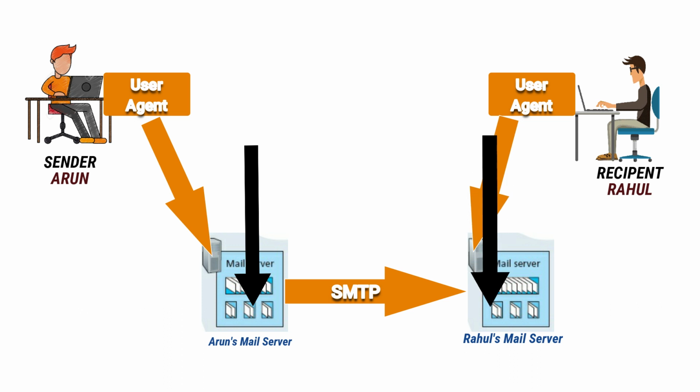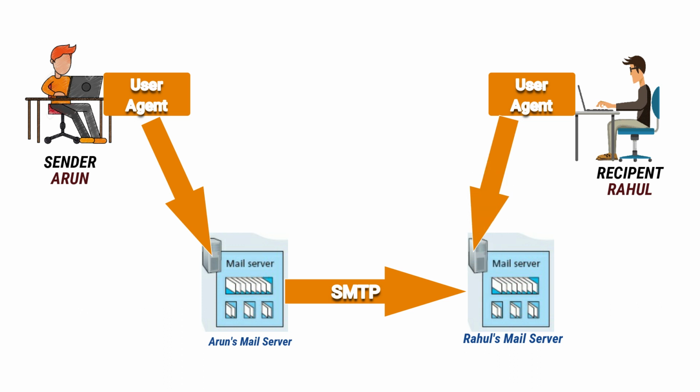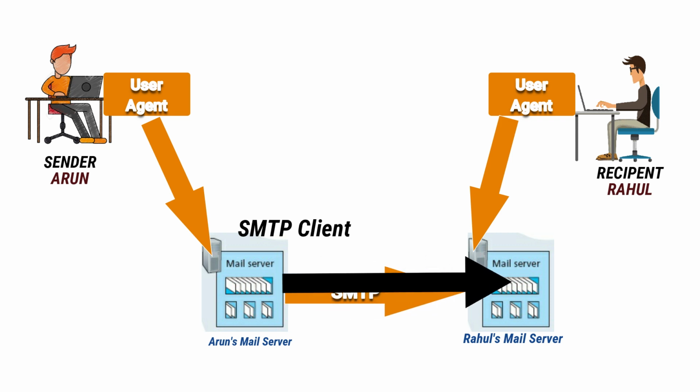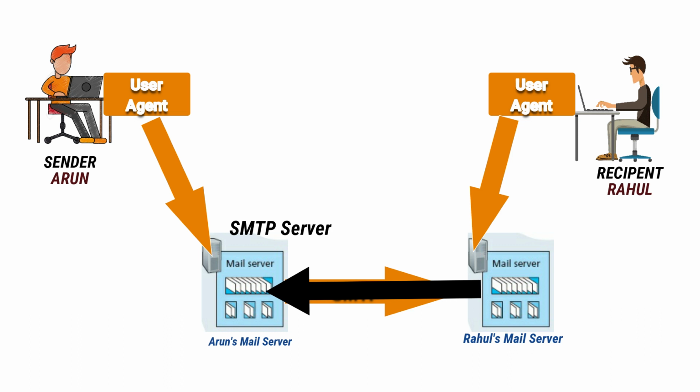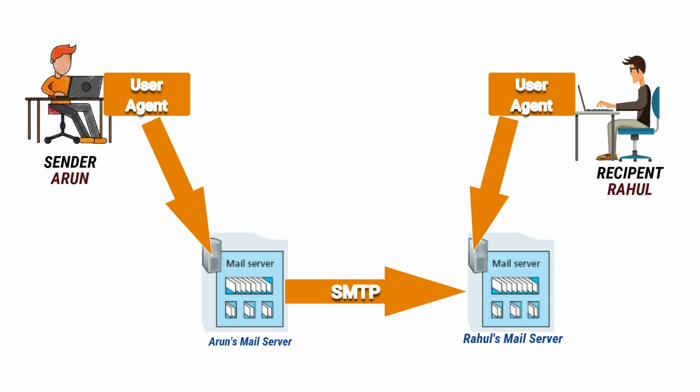The client side executes on the sender's mail server, and the server side executes on the recipient's mail server. When a mail server sends mail to another mail server, it acts as an SMTP client. When a mail server receives mail from other mail servers, it acts as an SMTP server.